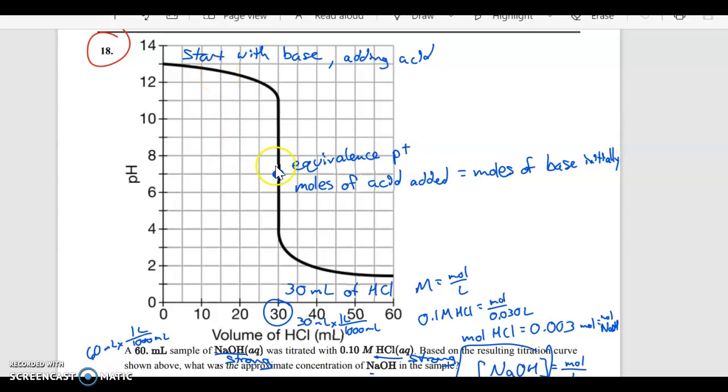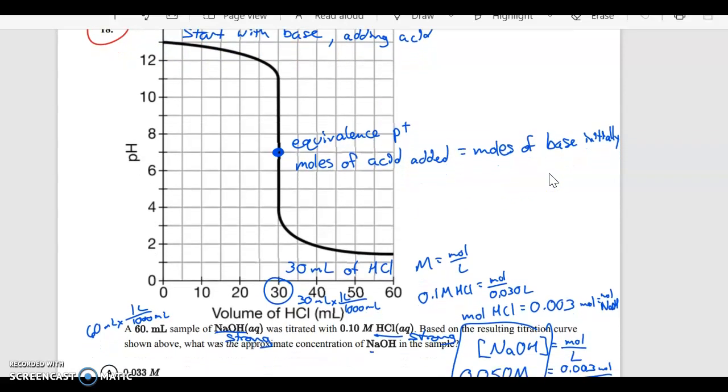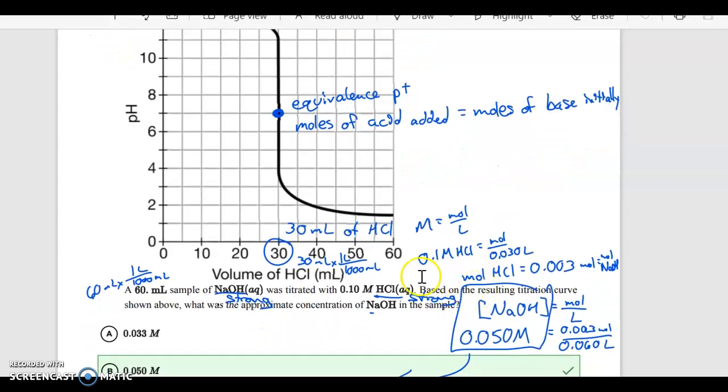But when you're at this equivalence point, it's the same thing that we had before. It's like moles of our thing that we're adding in, like here we're adding acid, equals the moles of the thing that we started with initially. So moles of acid added equals moles of base initially. You can calculate what those are based off of the concentration of the HCl and the volume of the HCl that they gave you.